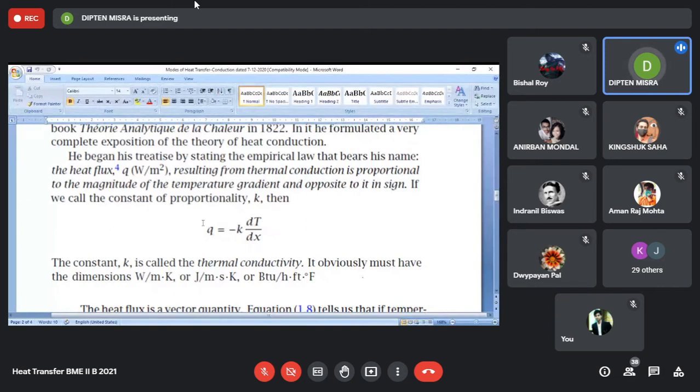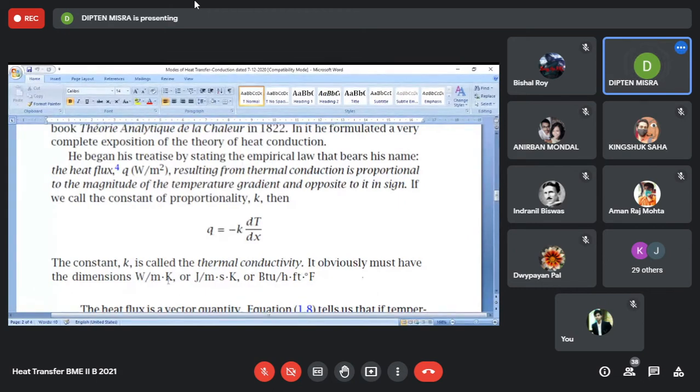So the unit of K will be watt per meter Kelvin or watt per meter degree centigrade. In the SI system it may be watt per meter Kelvin, or joule per second meter Kelvin, or watt per meter degree centigrade.